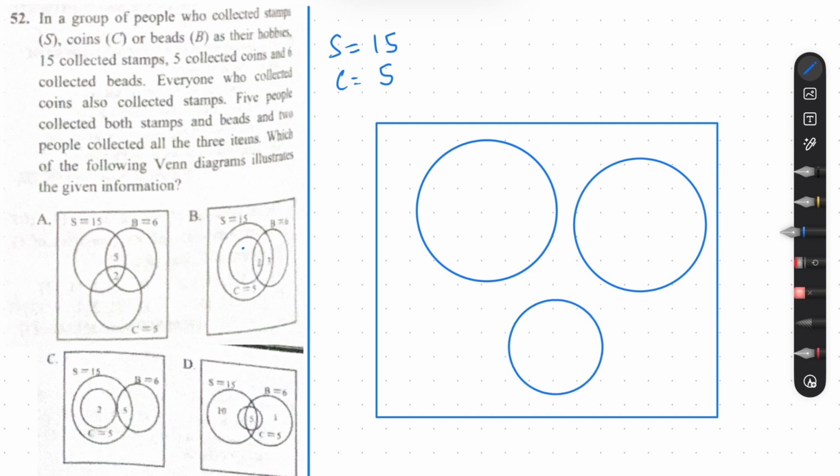Cool. Now it says 15 collected stamps. So let's label this S, to be 15. Now it says everyone who collected coins also collected stamps.